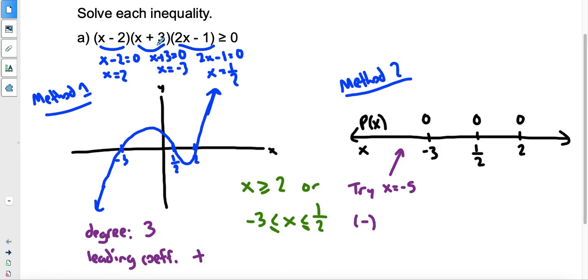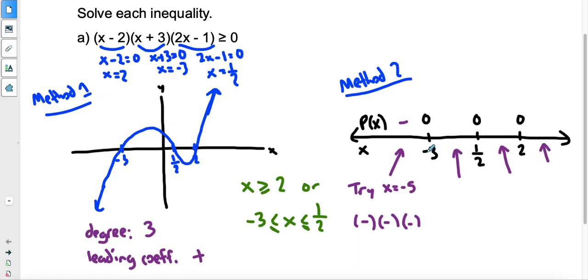If I plug in negative 5 into my second factor, I'll get negative 5 plus 3, which is also a negative number. And if I plug in negative 5 into my third factor here, I'll also get a negative number. A negative times a negative times a negative is a negative. And I can keep going. I could do the same thing for the other three regions as well.